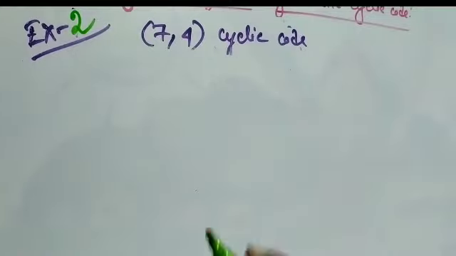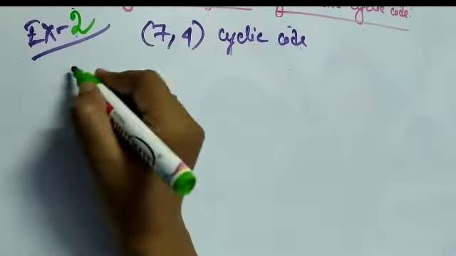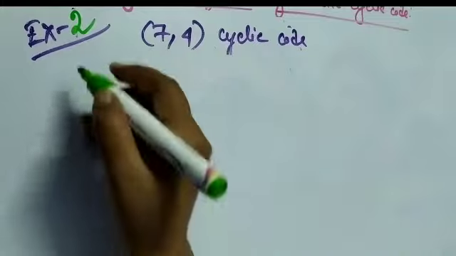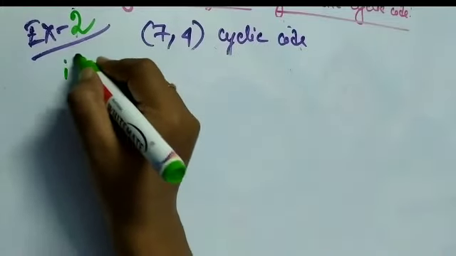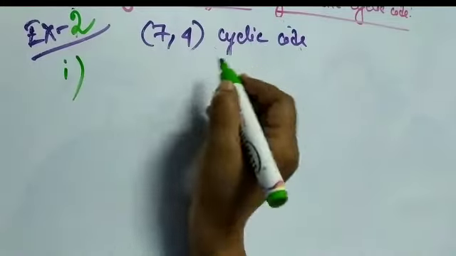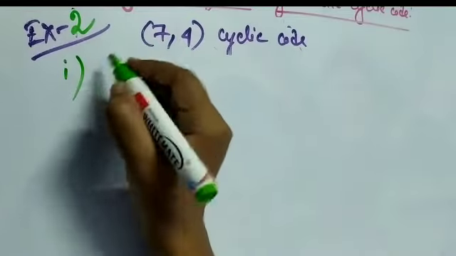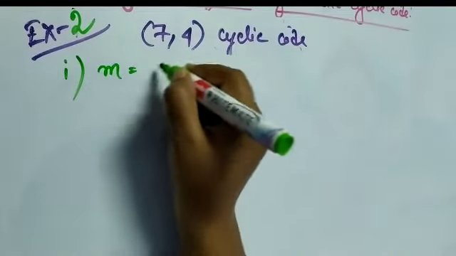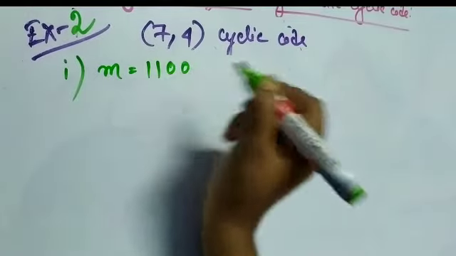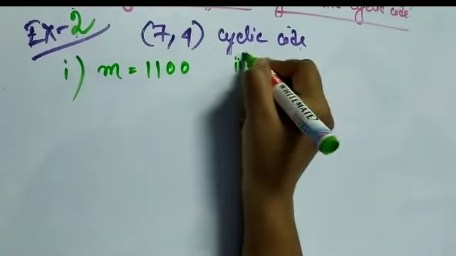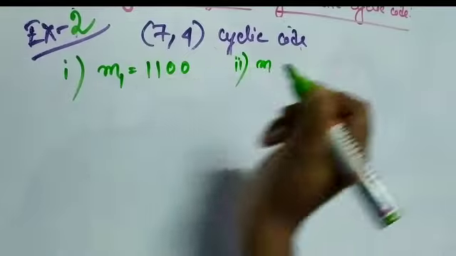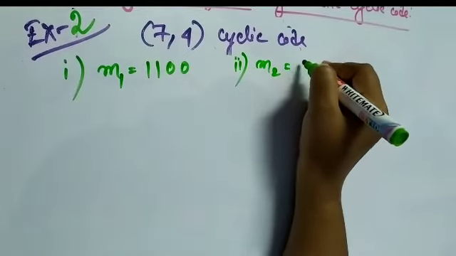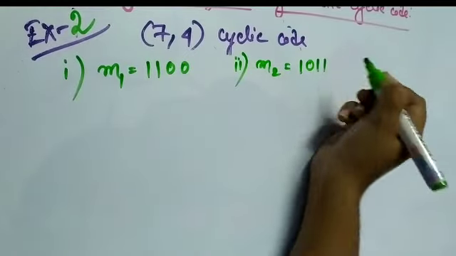So here a problem is given to you. Actually there are 2 problems given to you. Number 1, suppose it is a 7/4 cyclic code and the message bits are 1 1 0 0 and the second message bit is M2, it is 1 0 1 1.